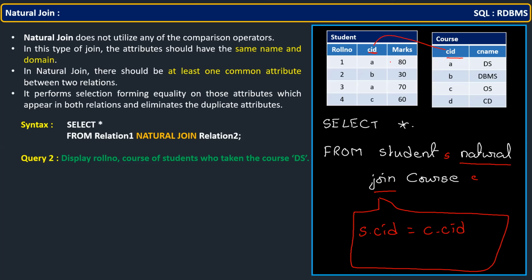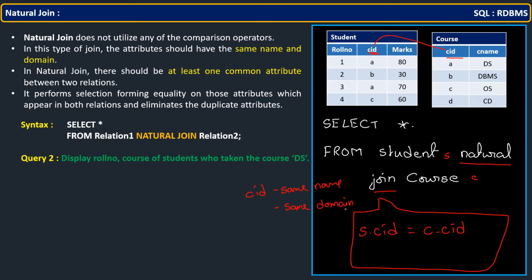Suppose you already know which tables you are joining and which columns are common. Not just the name: in both tables cid must have the same name, and it must be the same domain, that means the data type.